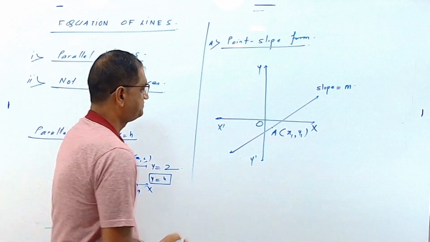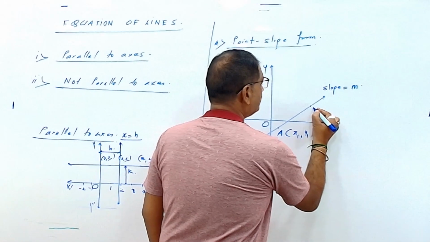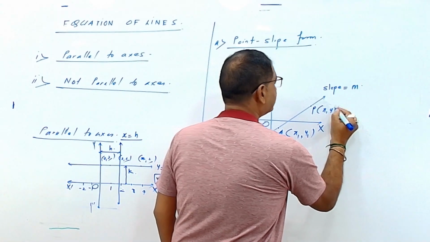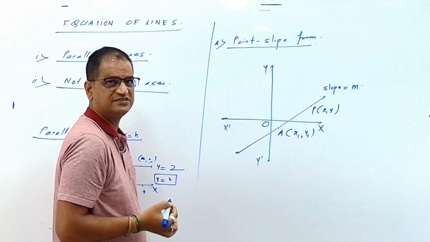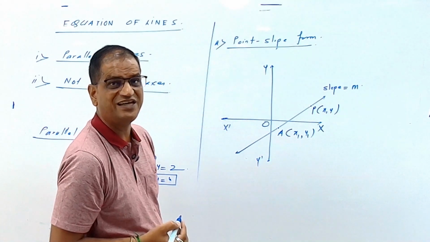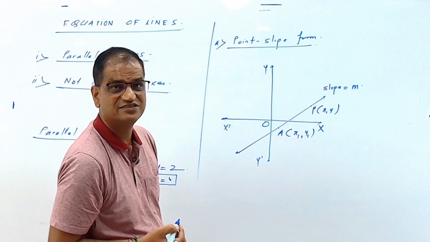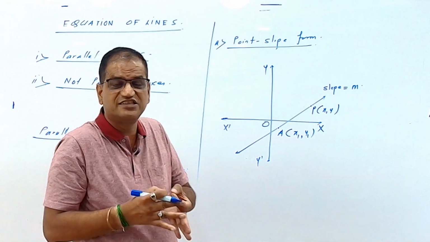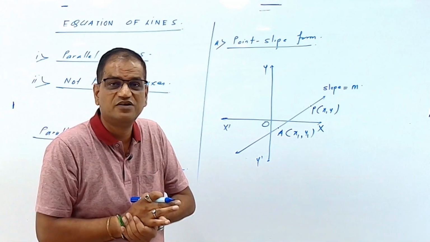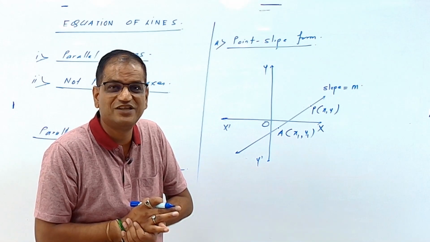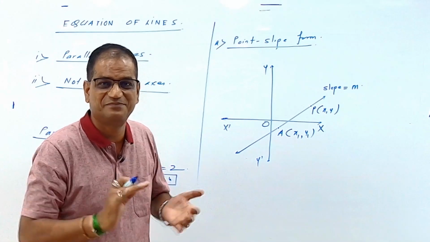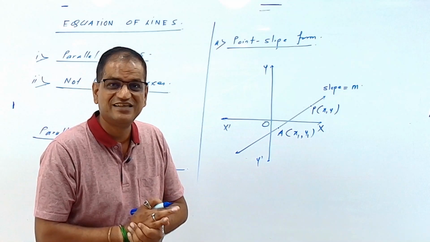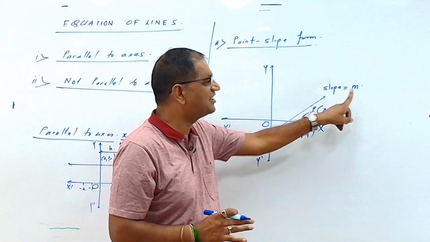See here. Say I am taking P coordinates x comma y. This P can be anywhere on the locus. Now, what rule does a straight line follow? The straight line follows the rule that the gradient of the straight line always remains the same.